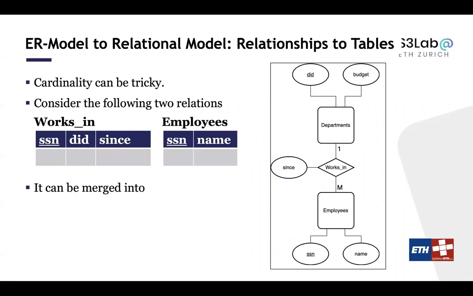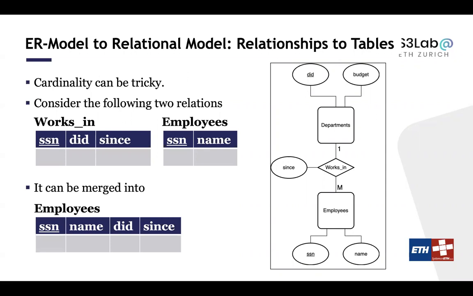But one thing that we talked about is you can actually merge these 2 into a single relation, because you can see both of them have the social security number as the primary key. When you do the translation, you could merge them into a single relation with 4 attributes instead. We talked about how these 2 different ways of designing the logical schema have different pros and cons.